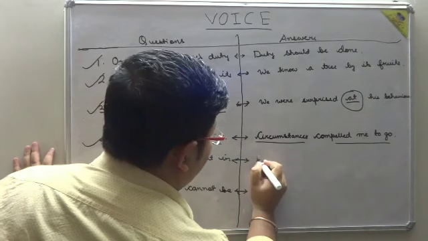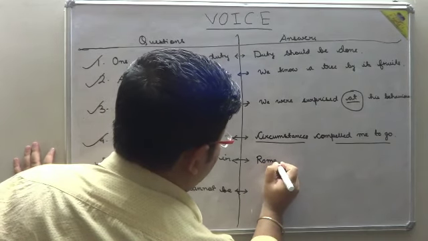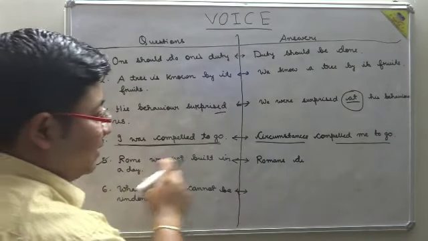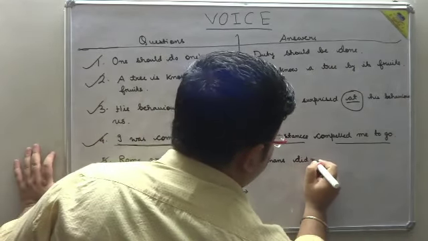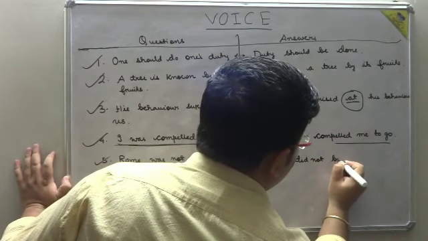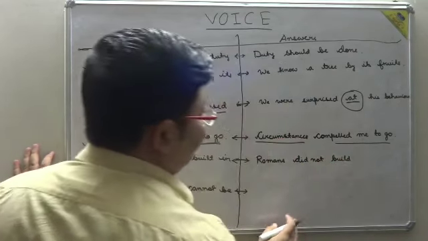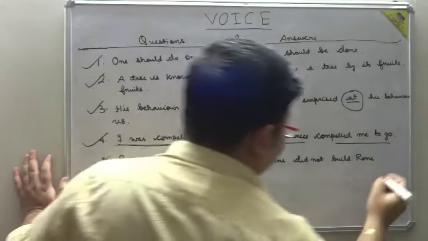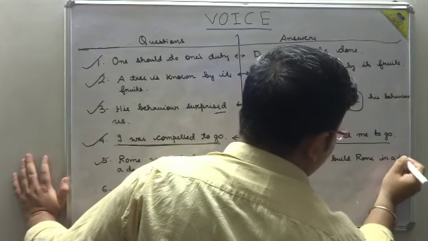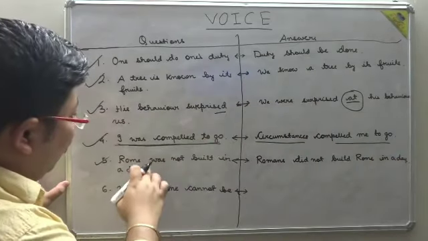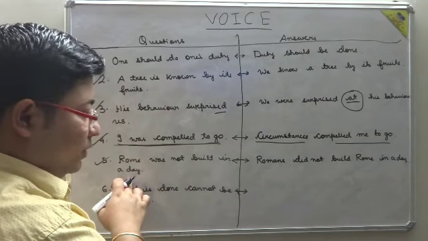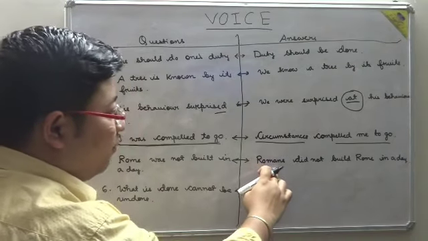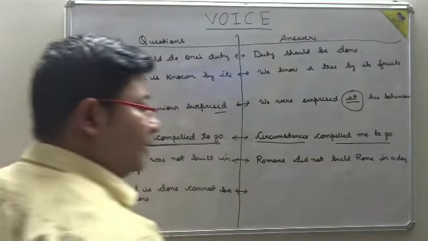I'll write Romans did not, because past tense I'll write did, did not build Rome in a day. Observe here, Rome was not built in a day. Who built that Rome? People of Rome, I'll write Romans. Romans did not build Rome in a day.